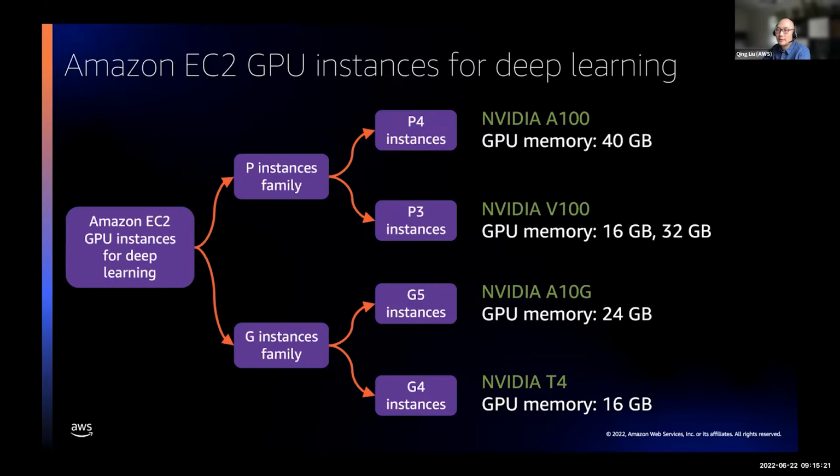Under this category, we have two different families, the P instance family and the G instance family. Each of them is divided into multiple instance types, and each one has a different Nvidia graphics card associated with it. For G5, we're using the A10G Nvidia graphics card with a GPU memory of 24 gigabytes.